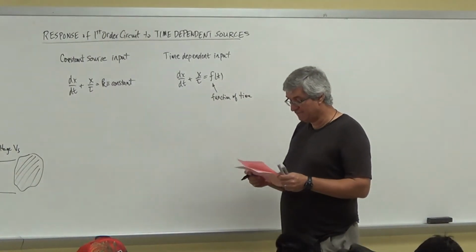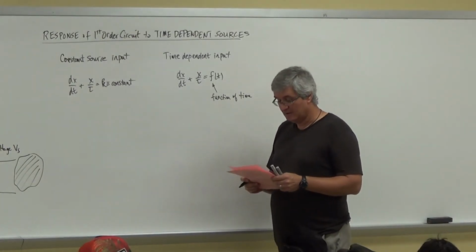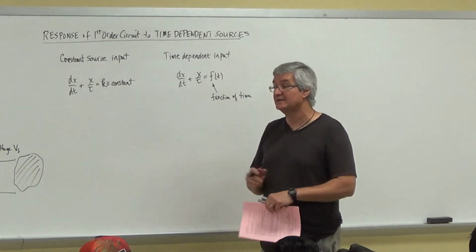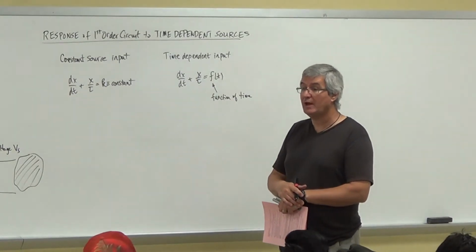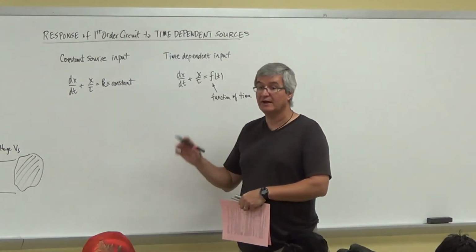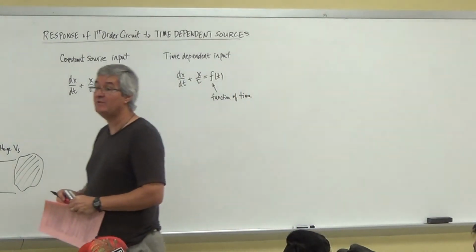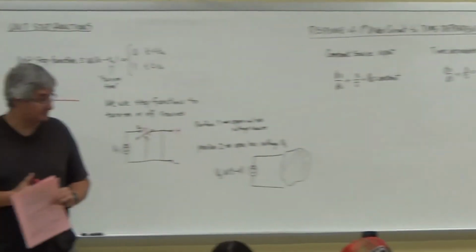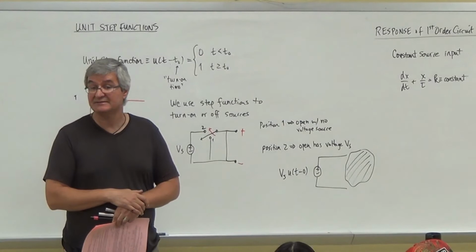And so what you're going to find here is that because that's a function of time, we have to use new techniques in order to solve this thing. Now, could we go in and calculate a Thevenin circuit? The answer is yes. Can we go in and calculate a Norton circuit? The answer is yes.